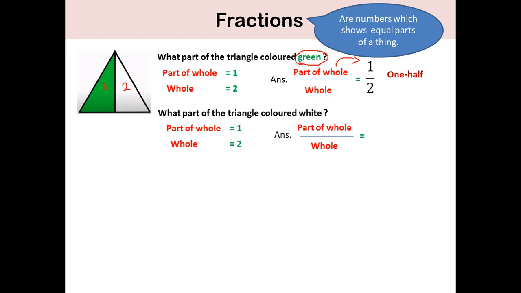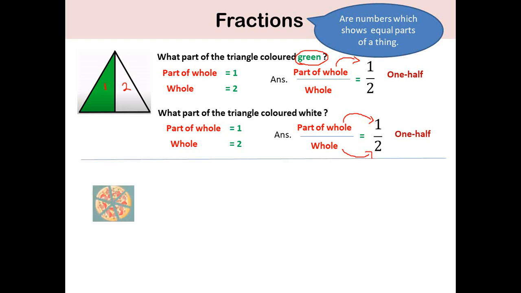And instead of whole, I will write 2, because the whole triangle has been divided into two equal parts. So your answer is 1 by 2 or 1/2, right? So put a line. Next question.